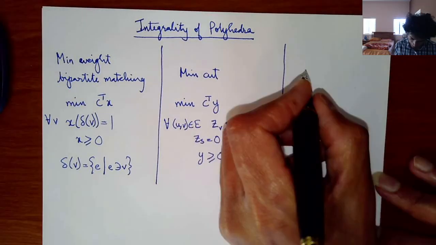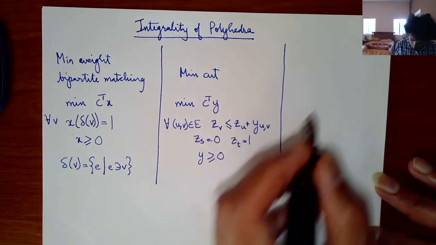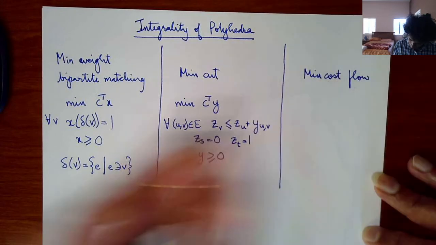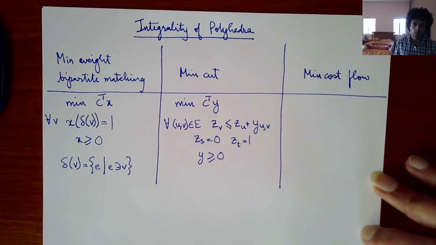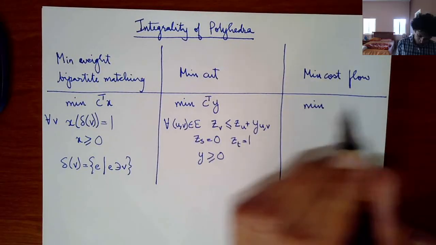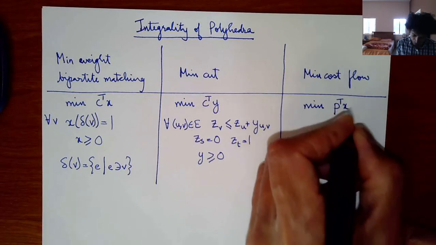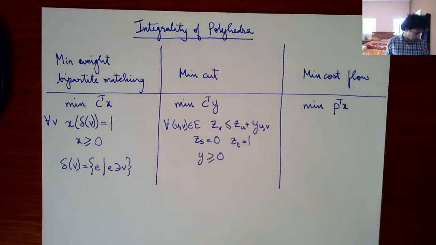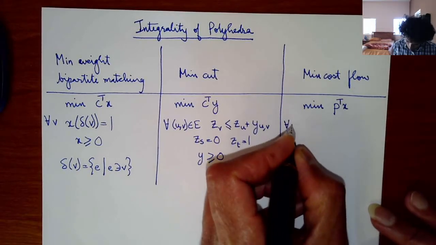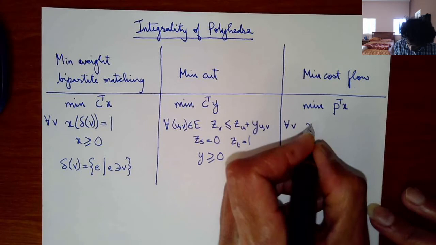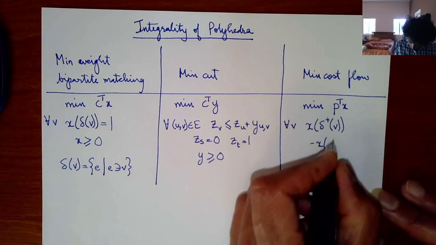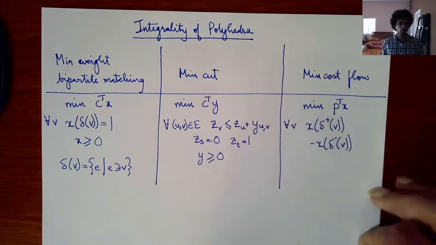And then let's look at min cost flow. There was some sort of price that we were minimizing, and we had these flow conservation constraints. For all v, we had x(delta plus(v)) minus x(delta minus(v)), because in this case we think of the graph as directed.